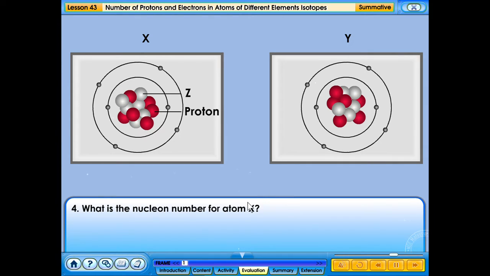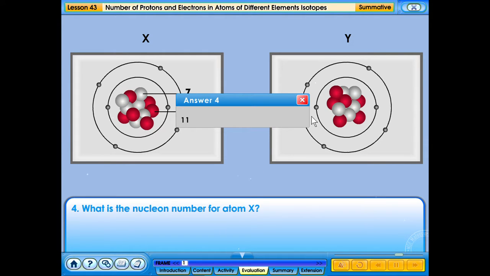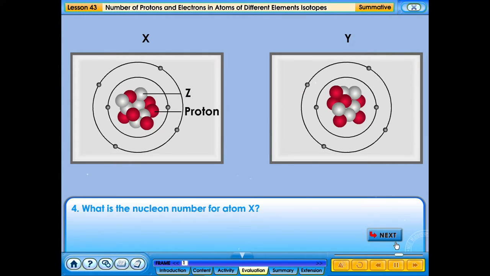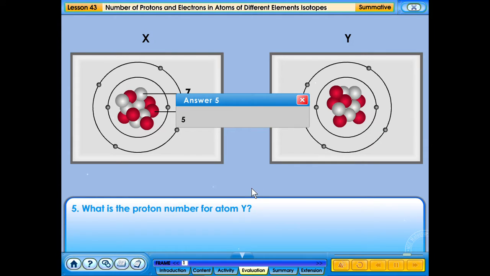What is the nucleon number for atom X? 11. What is the proton number for atom Y? 5.